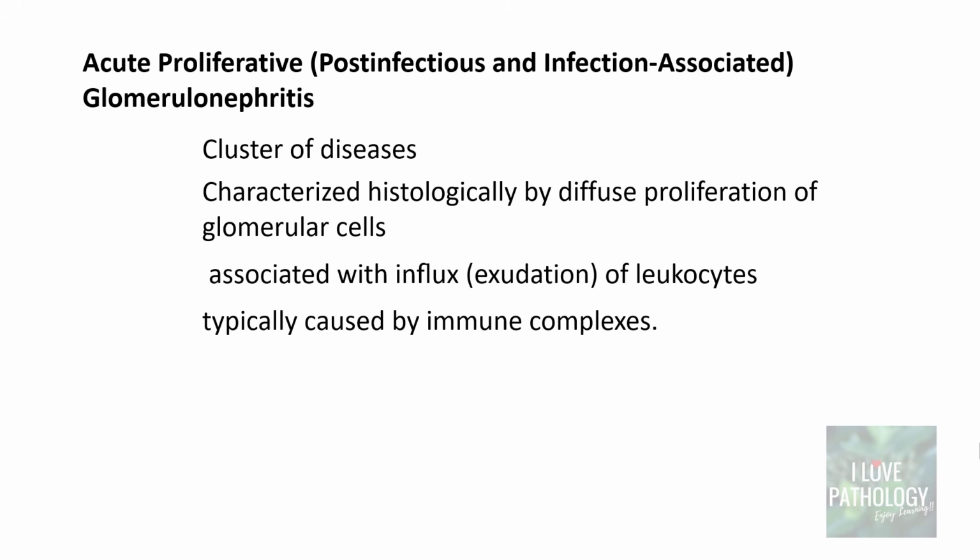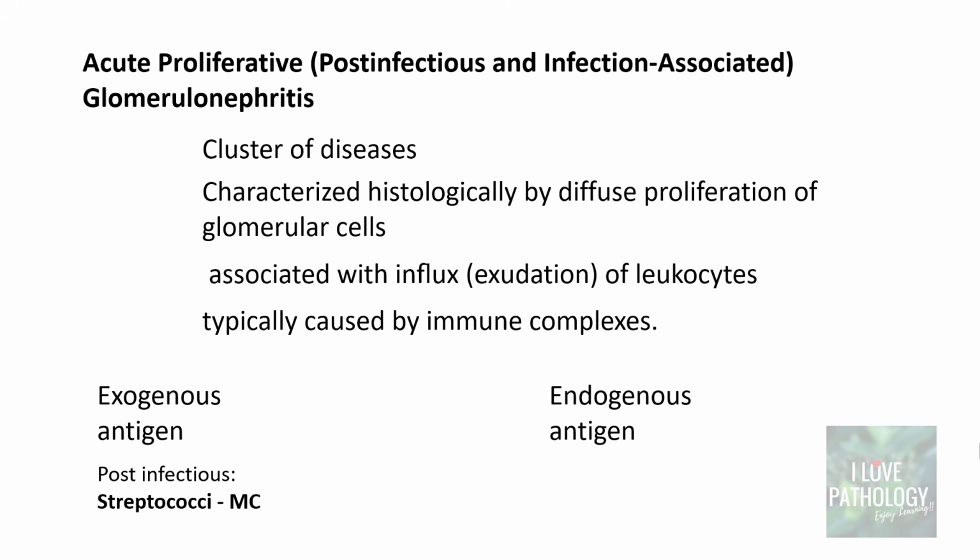That means there has to be some antigen for immune complex formation, right? And what are those antigens? They can be either exogenous antigens or endogenous antigens. The most common example of exogenous antigen is the post-infectious cause, caused by streptococci, whereas for endogenous antigen, the most common example we cite is lupus nephritis.